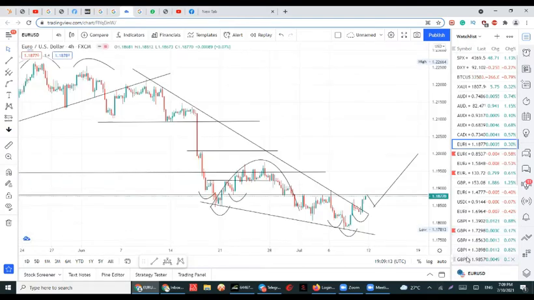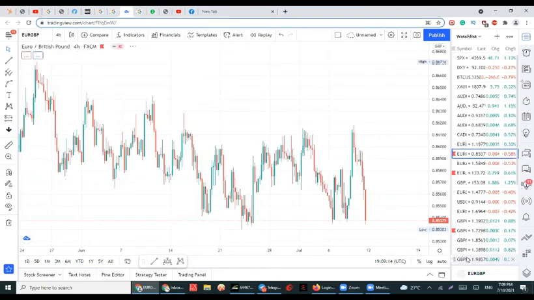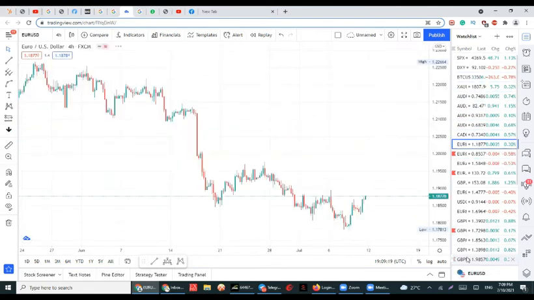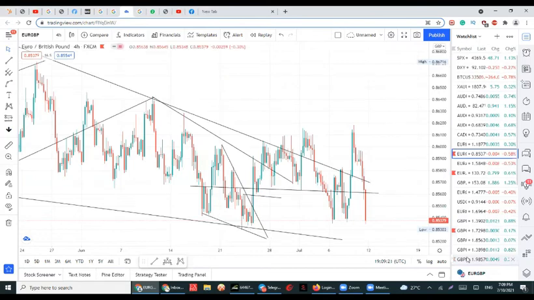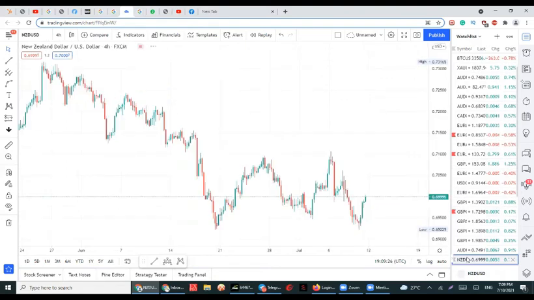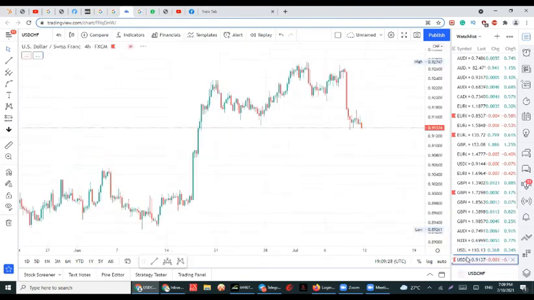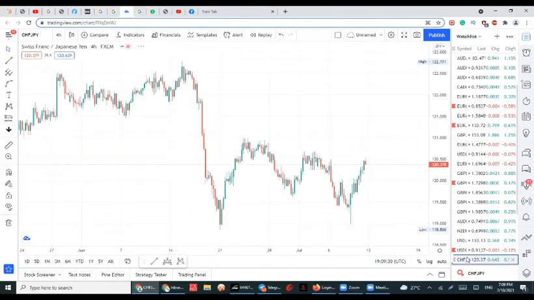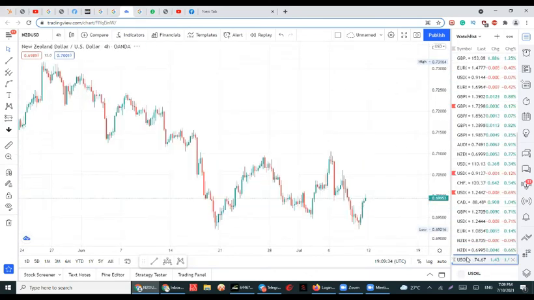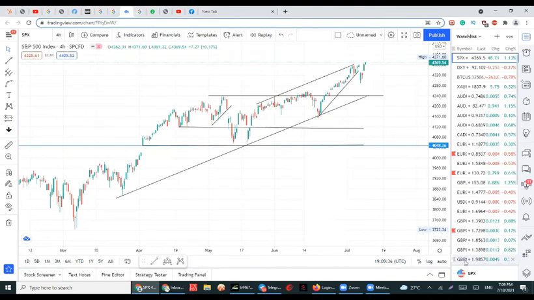So crude oil, we will take the opportunity to look at that. Technically, all of us know that crude oil affects most pairs, especially the Canadian pairs. So let's go.